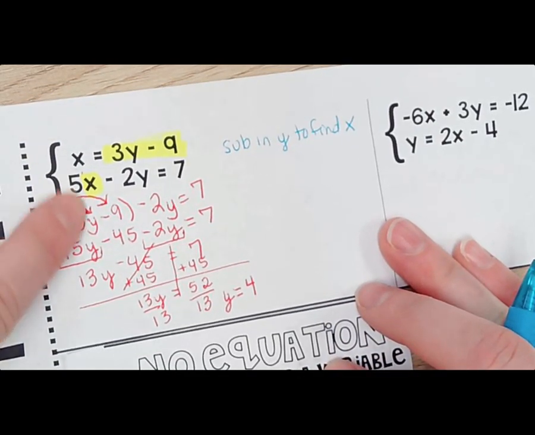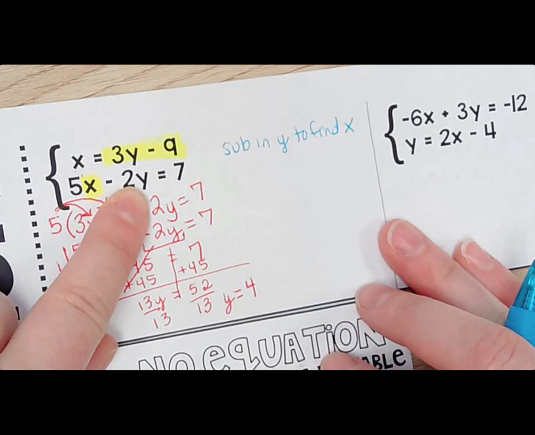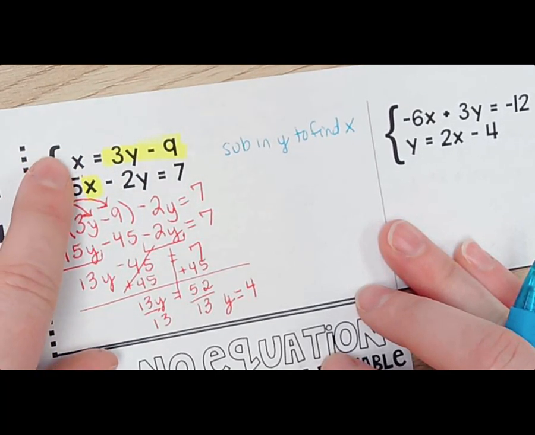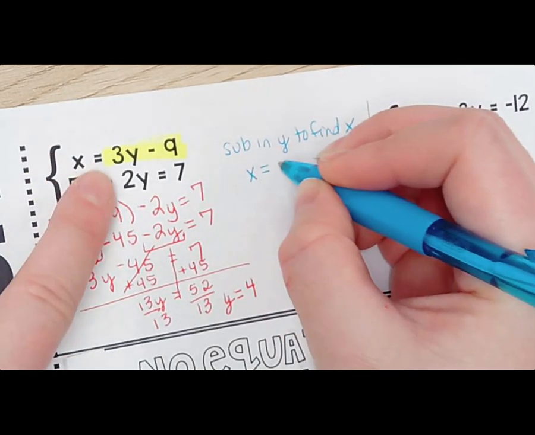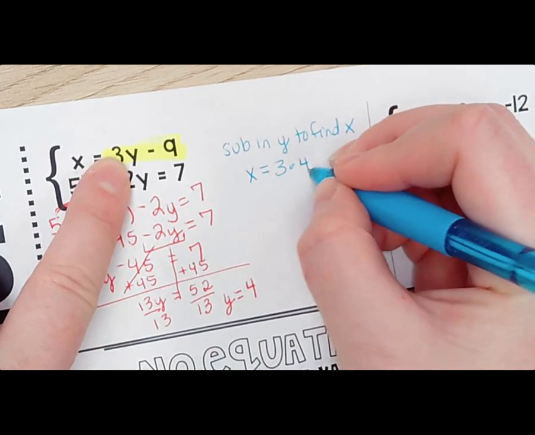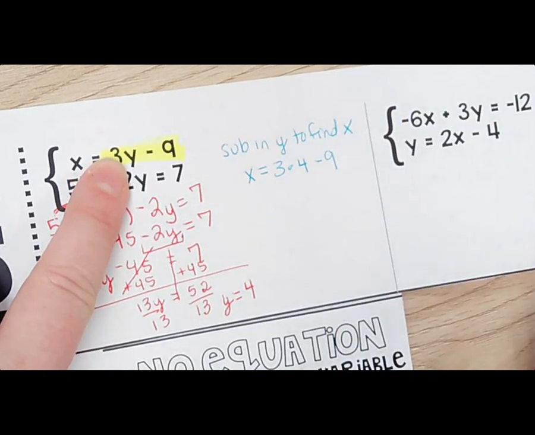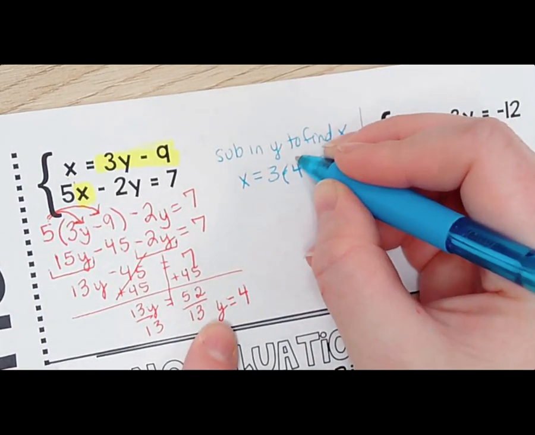So we look and see which equation would it be easier for us to sub in y? Would it be here or would it be here and solve for x? The top one, because it already says x equals. I'm going to say x equals 3 times, instead of putting y, I'm going to put 4, minus 9. Why?